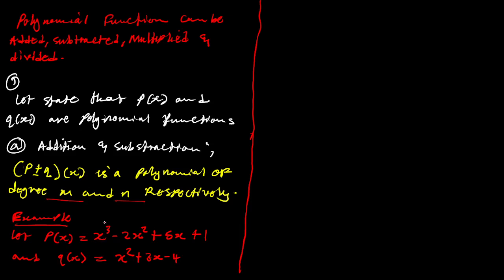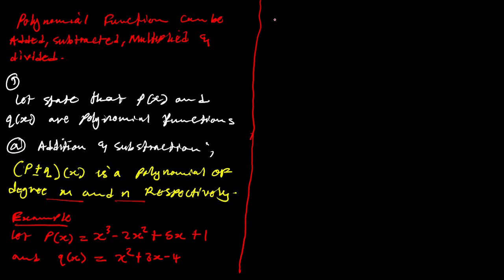So the highest degree is x cubed. So according to this statement, you don't really need to bother about m or n. What you are much interested in knowing is the degree of P and the degree of Q. So the highest degree of P is 3, and the degree of Q is 2. So let's quickly look at the questions.